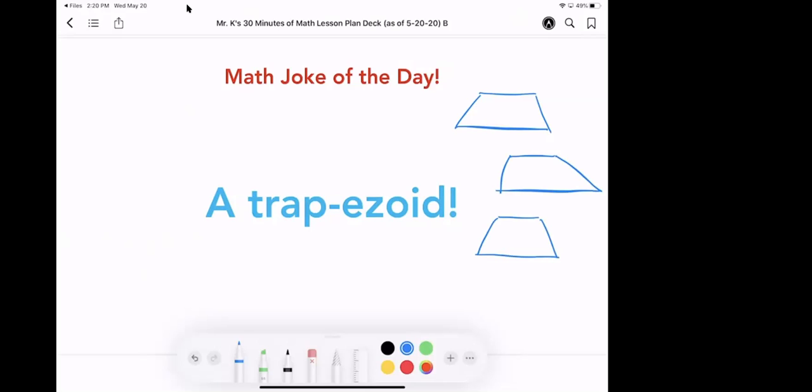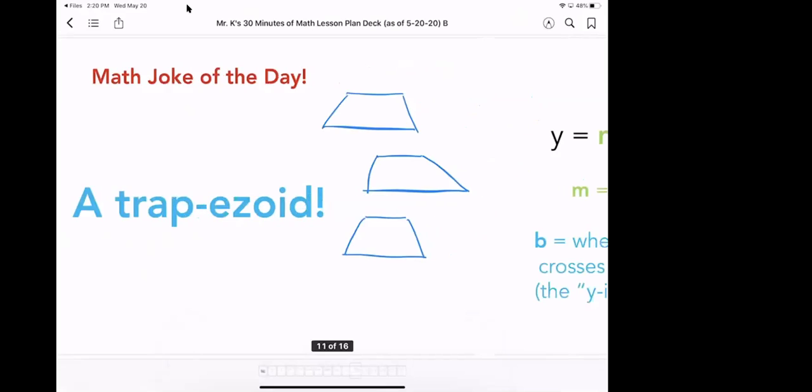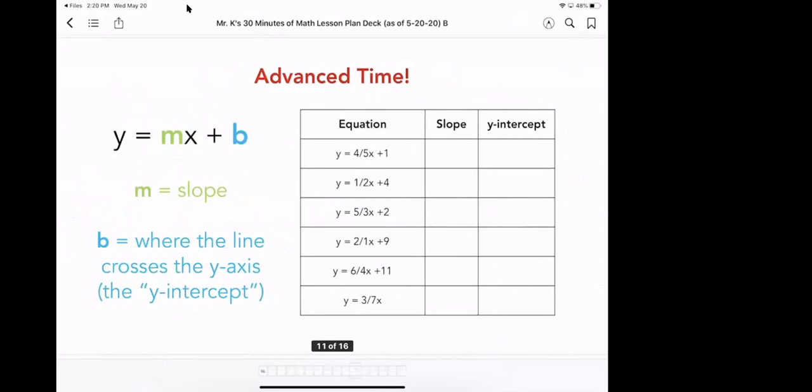All right, well, let's dive into our advanced time today. I want to remind you of our equation that we learned yesterday, y equals mx plus b.